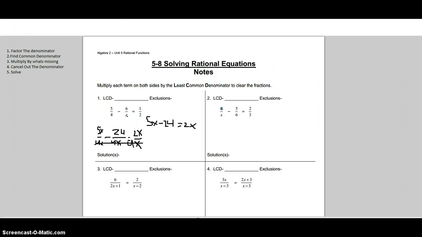And rule number 5, obviously, is solve. So now that we have the equation set up, we can go ahead and solve it. So 5x minus 24 equals 2x. We can subtract 5x from this side. And 2x minus 5x will give us negative 3x.